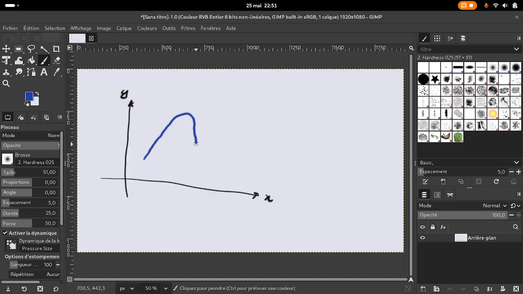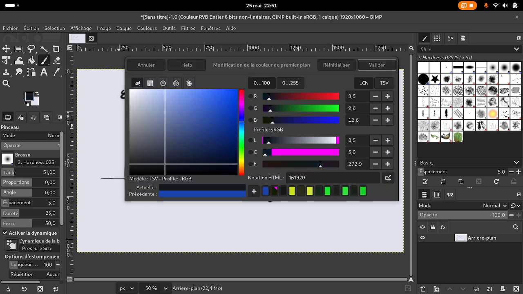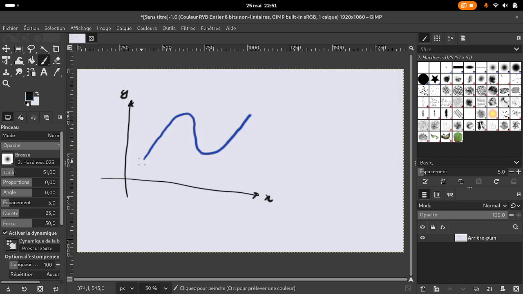If my graph is doing something like that, I can say that there, and I put some numbers: A, B, C, D. I can say three things.